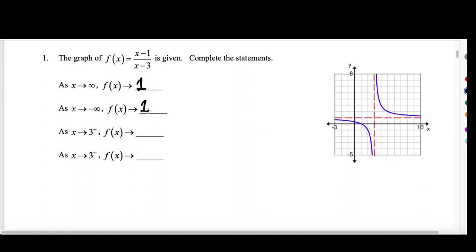But as x gets bigger without bound, what we see is that it approaches the horizontal asymptote from above, right? So we could specify that from above. And then over here, as x gets smaller and smaller without bound, the graph approaches the horizontal asymptote from below. So again, we could specify that, right? We could say from below.